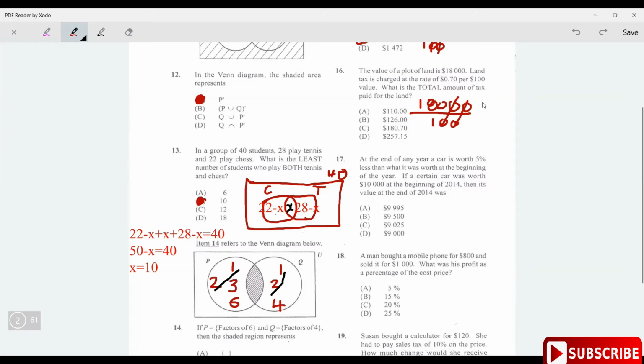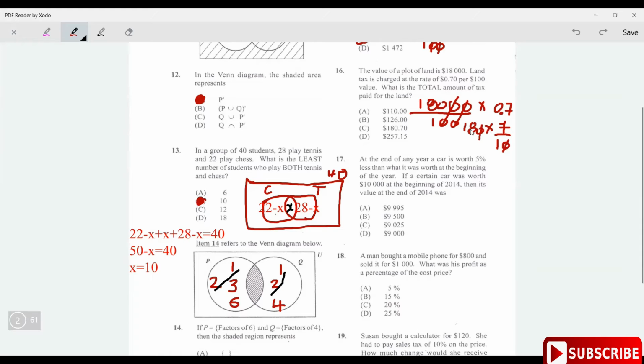You're then going to multiply 180 times 0.7. Now, I don't like to work in decimal, so I rewrite it as a fraction. 180 multiplied by 7 over 10. That's 0.7. So this 0 cancels this 0.